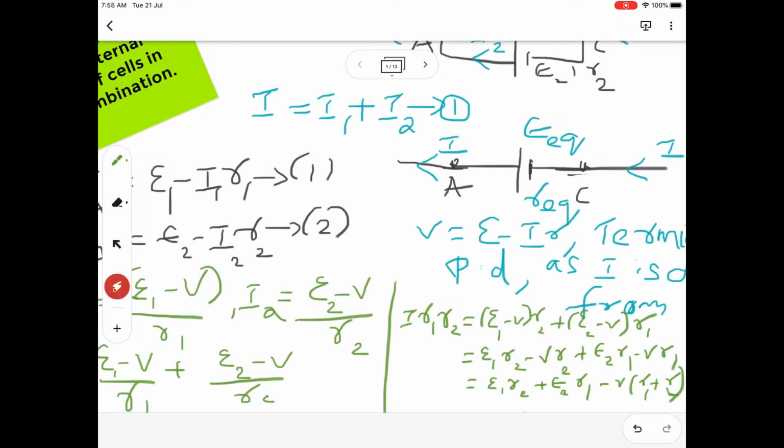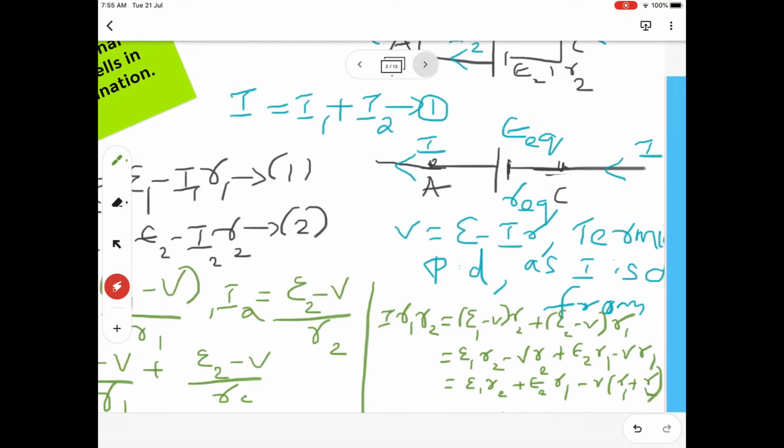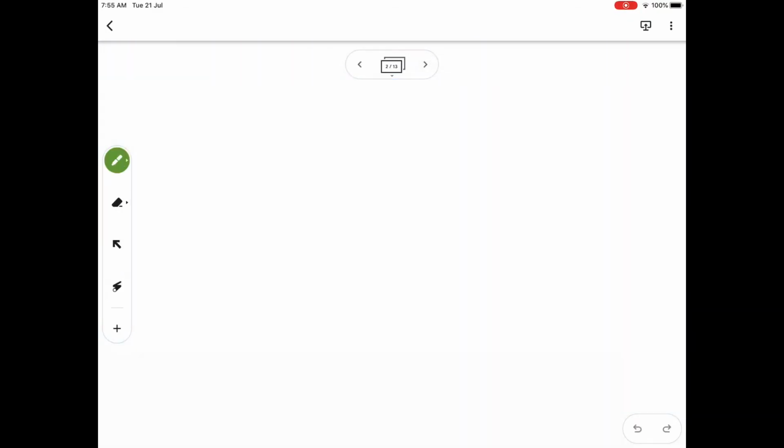We need to separate V. So that particular term is transferred to the left side, and whatever is on the left side can be taken to the right side too. So the equation is V of (R1 plus R2) equals E1 R2 plus E2 R1 plus I R1 R2.